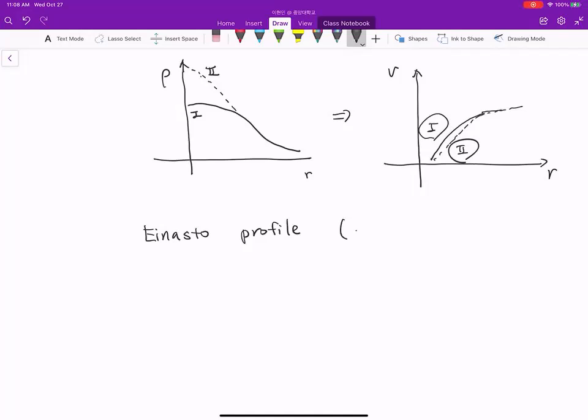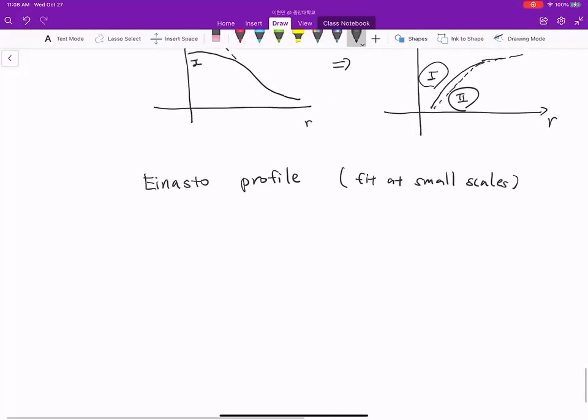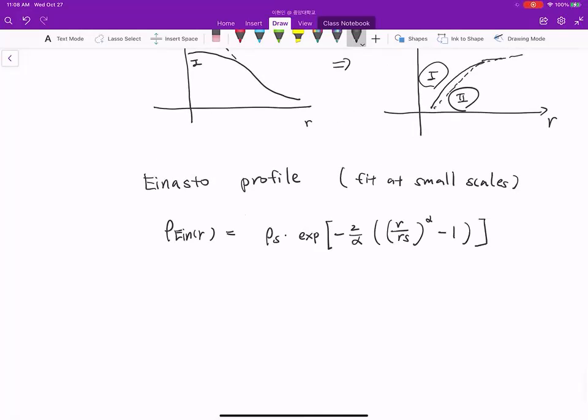This is the Einasto profile. It's a little bit complicated expansion, but this Einasto profile fits well at small scales.